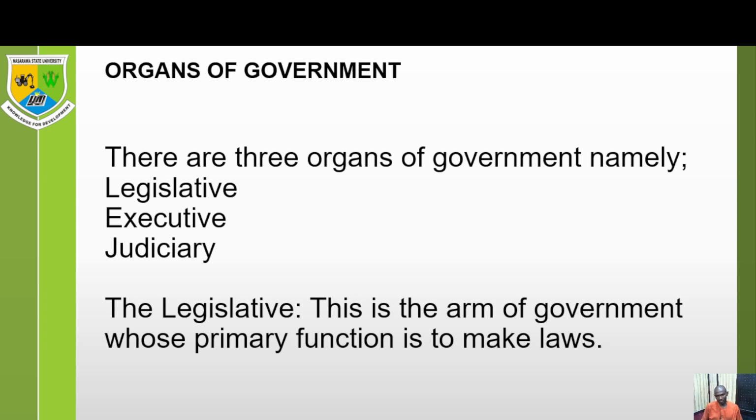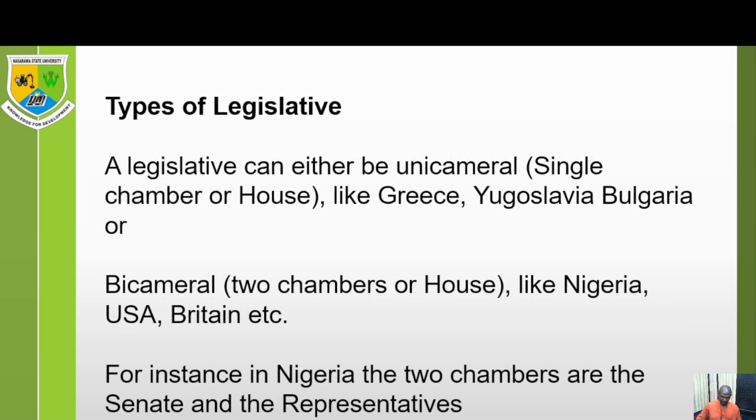The legislative is the arm of government whose primary function is to make laws for the entire country. Equally, you see them in 2 aspects: the unicameral and the bicameral. Legislature can either be unicameral, a single chamber or house, like Greece, Yugoslavia, Bulgaria, or bicameral, consisting of 2 houses, like Nigeria, USA, Britain.